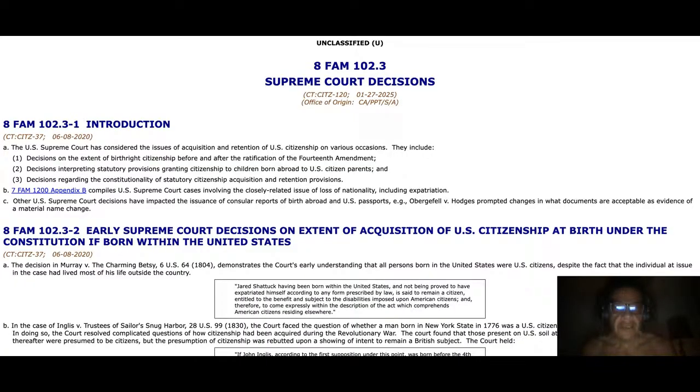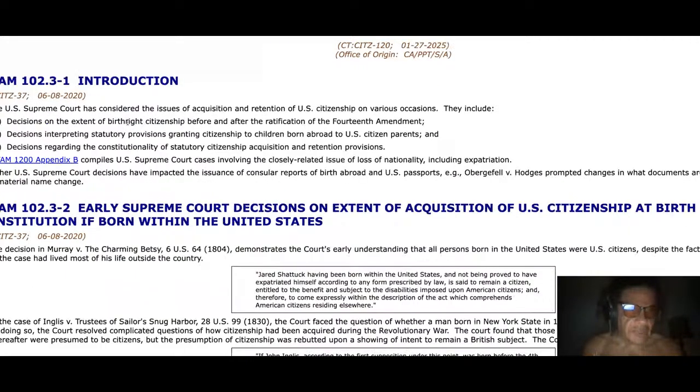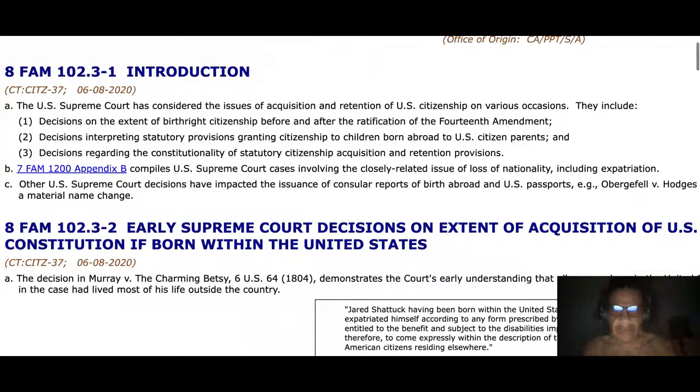Let's see here. This is where you go with the passport information. And now I find there's more information here. You should dig around on this website, apparently. The U.S. Supreme Court has considered the issues of acquisition and retention of U.S. citizenship on various occasions. They include decisions on the extent. Oh, wow. You can read this.